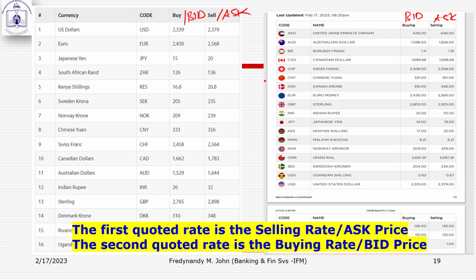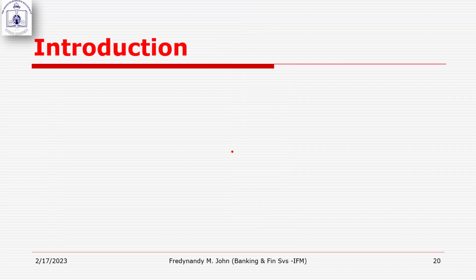So please, whenever you are given quotations, you have to know that one rate will represent selling and the other one will represent the buying. Simply say bid and ask.